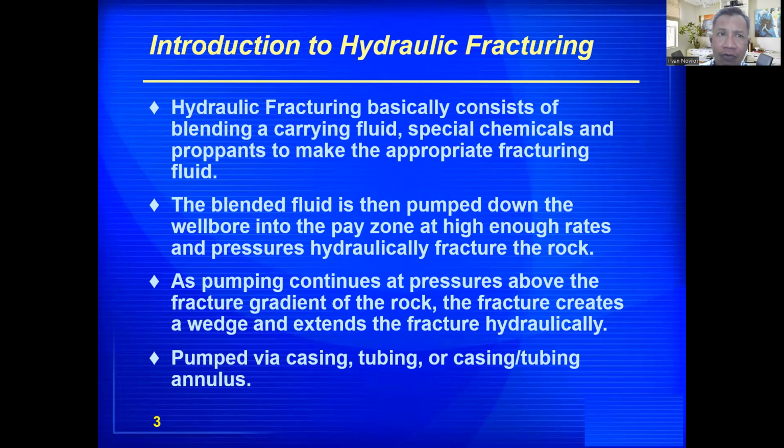Once we get the blended fluid through the blender, we pump it down into the pay zone at a high enough rate. The pressure actually hydraulically fractures the rock. As we continue pumping, the pressure, which is above the fracture gradient of the rock, creates a width that extends the fracture out away from the wellbore hydraulically. And it can be pumped via casing, tubing, or the tubing-casing annulus.